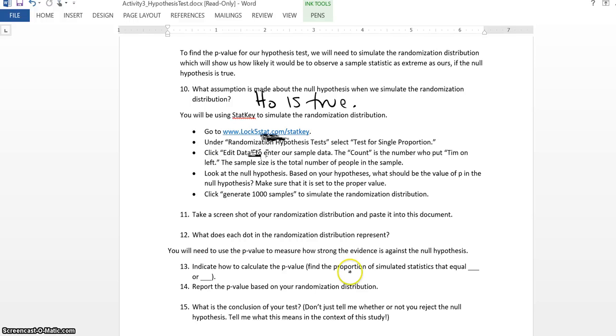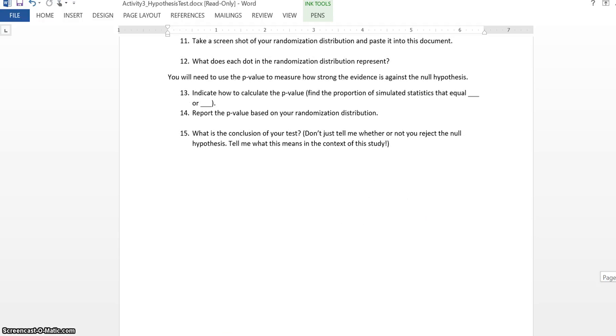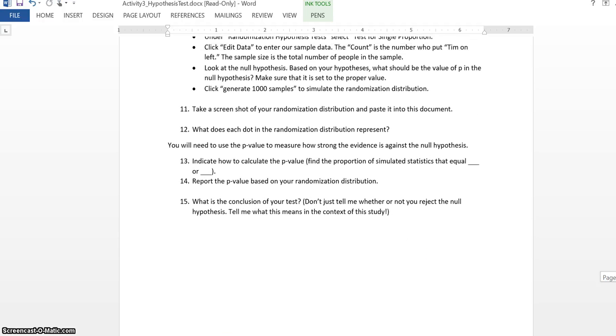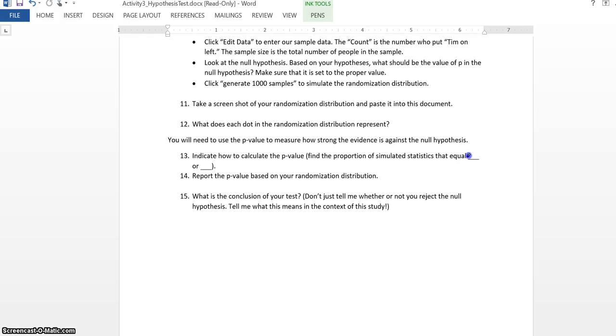So to find it, we're going to find the proportion of simulated results that are equal to our sample statistic, which was what was it again? 0.649, or something even larger, okay?